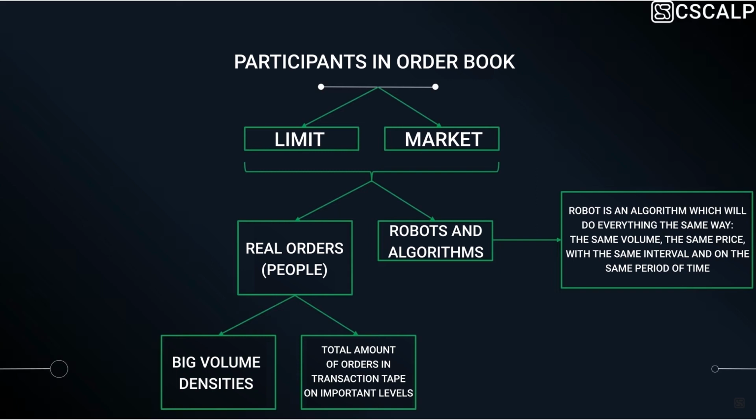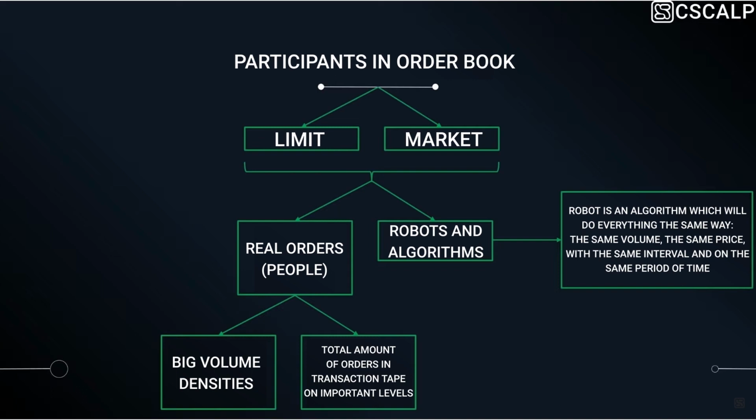There are three main factors which can help you to analyze the transaction tape. First is the speed of the tape. The second, size and volume of prints. Third, the direction or the trend of a tape. So, for example, the amount of sells on the highs which you want to break through, or the amount of buys on the lows which you also want to break through or to take a bounce from.